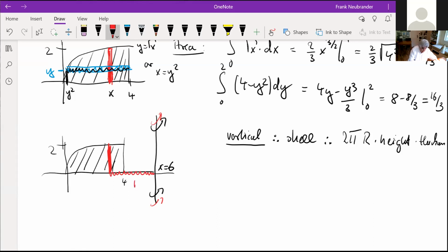So the radius is the right minus the left. The right is 6 minus x. The height is the square root of x.